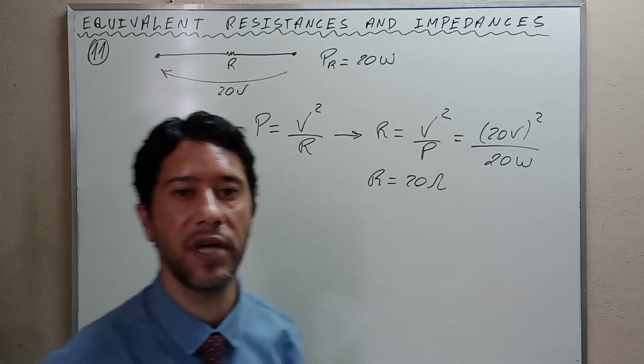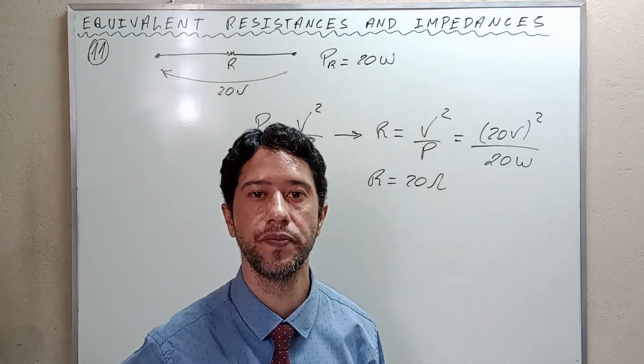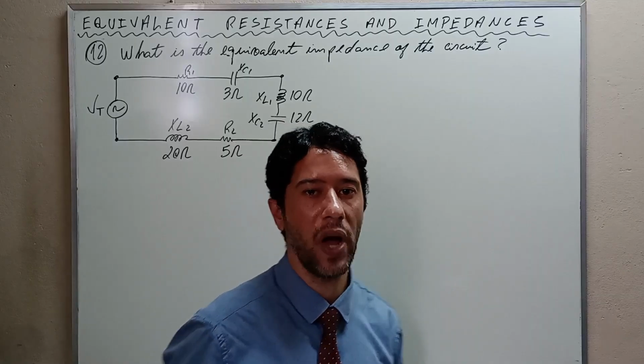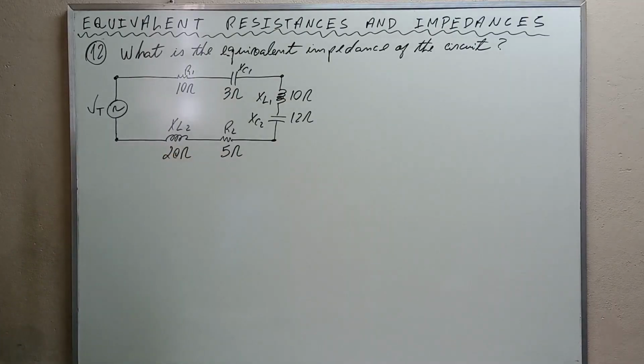Let's go to exercise 12. Exercise 12. What is the equivalent impedance of the circuit? This is the question. Let's go to the solution. Observe that there are two resistors, two inductors, and two capacitors in the circuit.